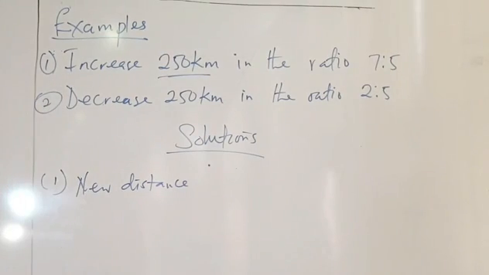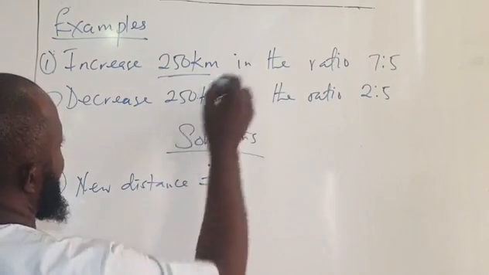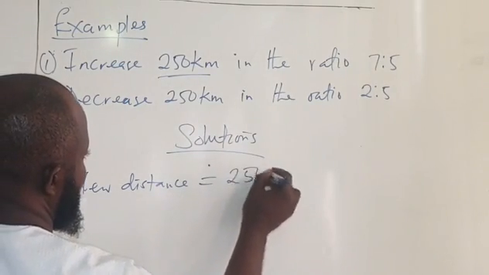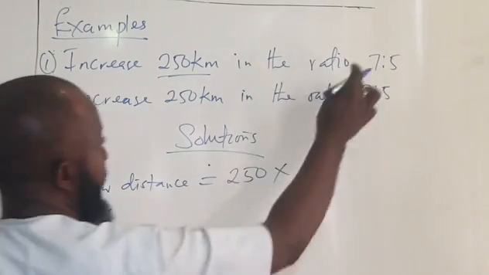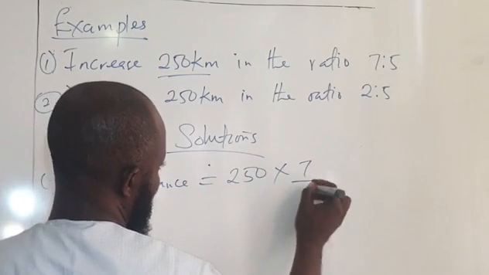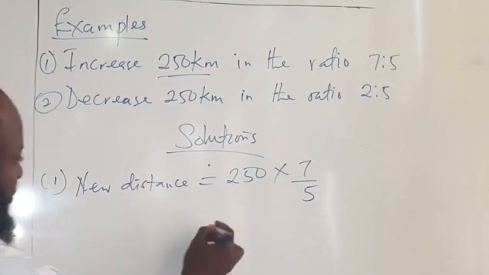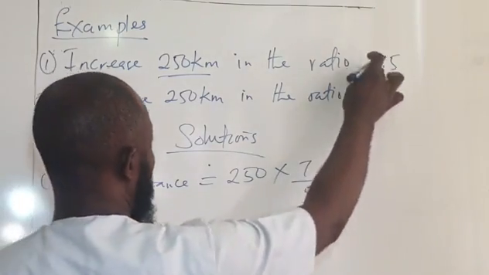The new distance will then be 250 multiplied by the multiplying factor, which will be 7 divided by 5. Exactly. So this is the multiplying factor, that is the ratio, that is a fraction.